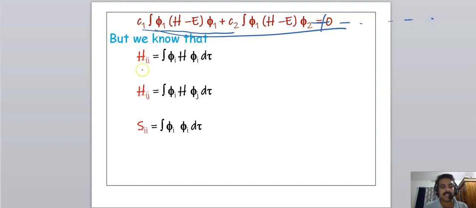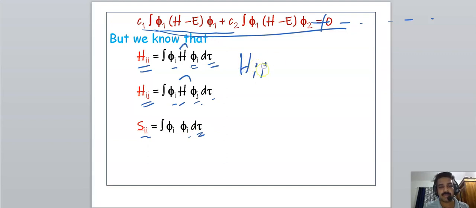Actually, Hii is equal to the integral of phi i H cap phi i d tau, and Hij is equal to the integral of phi i H cap phi j d tau. And Sii is equal to the integral of phi i squared d tau.